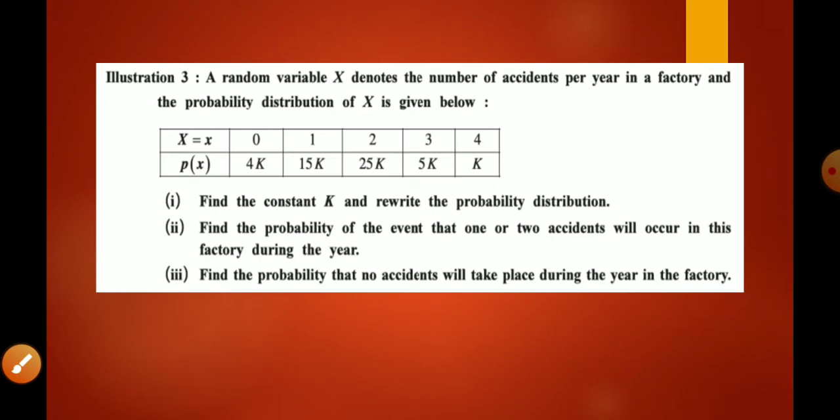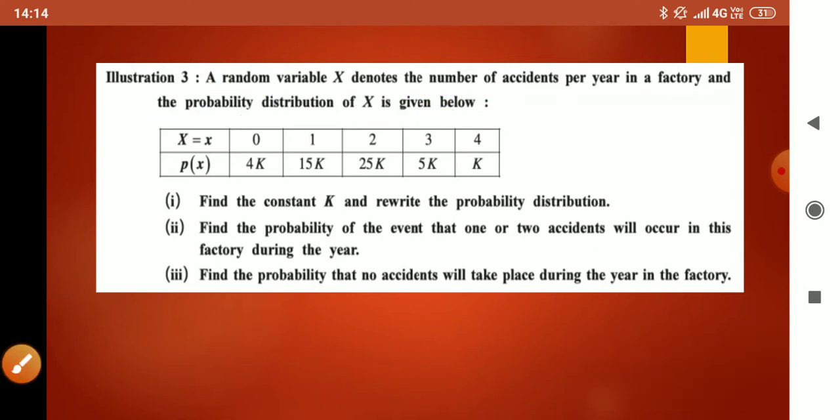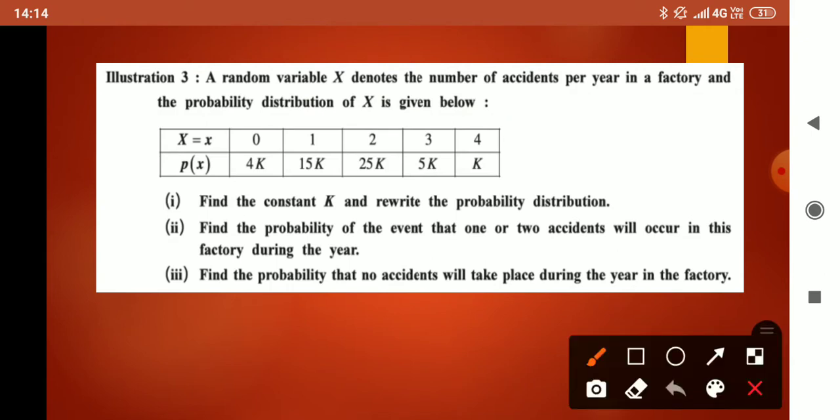Let's have a look at a sum on a discrete probability distribution. Here the random variable x denotes the number of accidents per year in a factory, and the probability distribution of x is given. For x=0 we have 4k, x=1 we have 15k, x=2 we have 25k, x=3 we have 5k, and x=4 we have k.